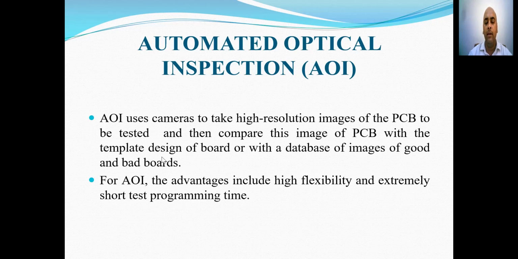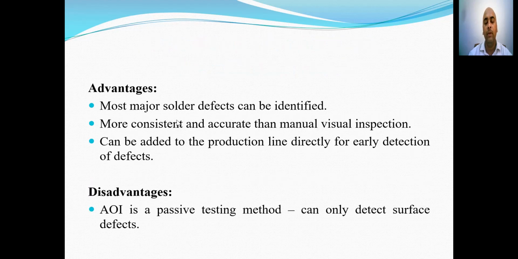For AOI, the advantages include high flexibility and extremely short test programming time. First, most major solder defects can be identified by this method. Second, it is more consistent and accurate than manual visual inspection. Third, it can be added to the production line directly for early detection of defects.